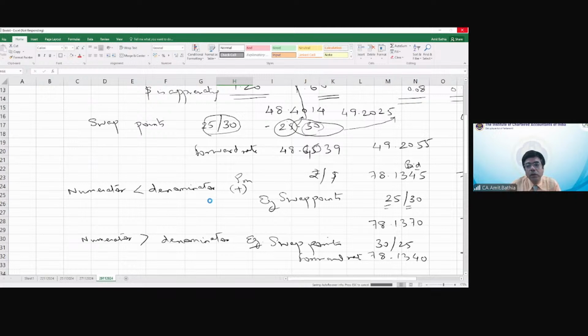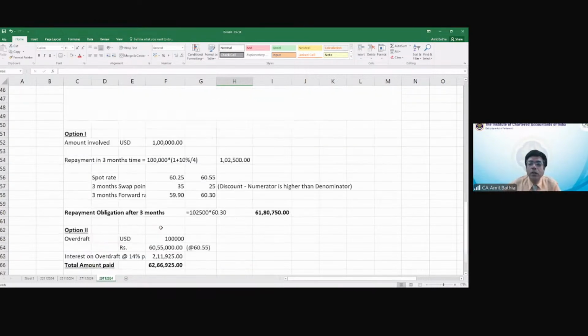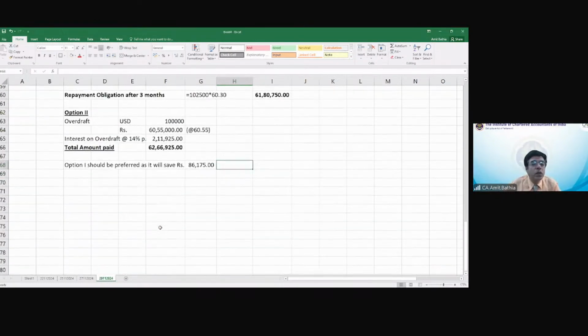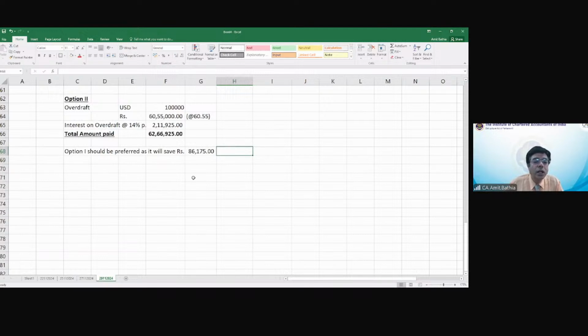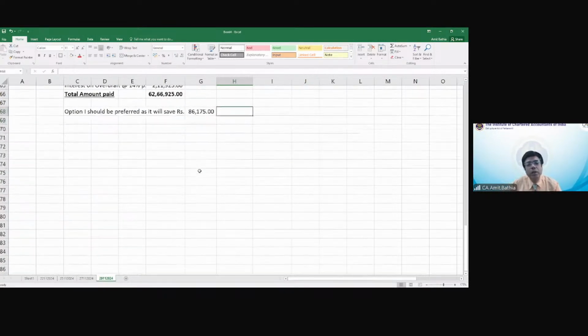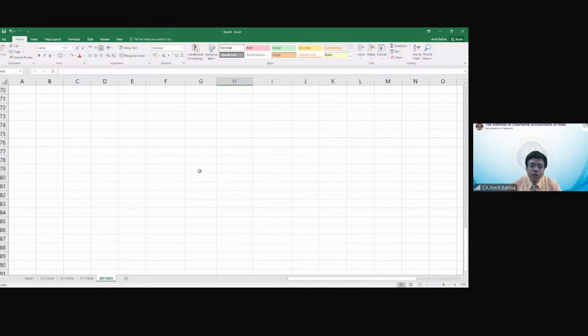Now we start with the first concept which we had discussed on the derivatives part, right? In the external techniques of hedging, the first one was money market hedge, right? Now in the derivatives, you have 3 options on the currency part. Which are those 3 options?